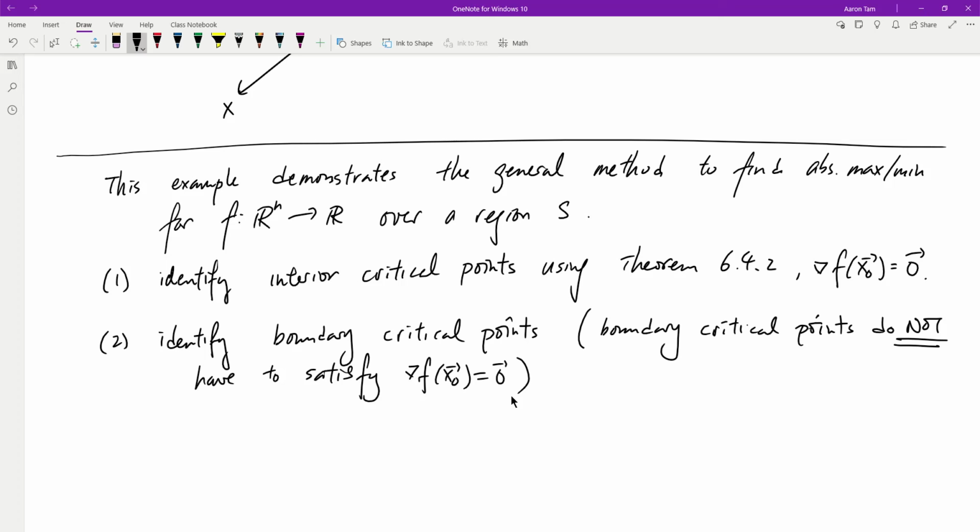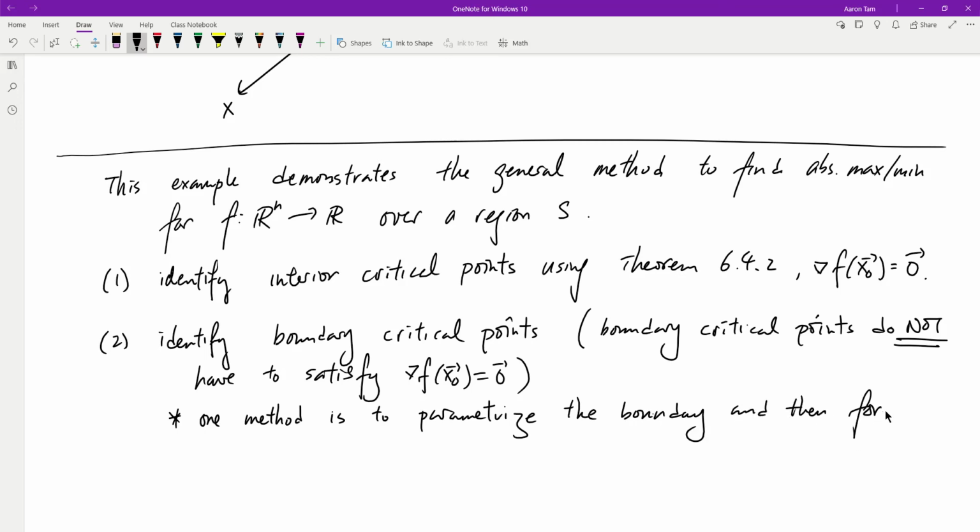So how do you find boundary critical points? One method is to parameterize the boundary and then form a composition. This allows us to form a function that we can take the derivative of and then find the critical points like we normally would.